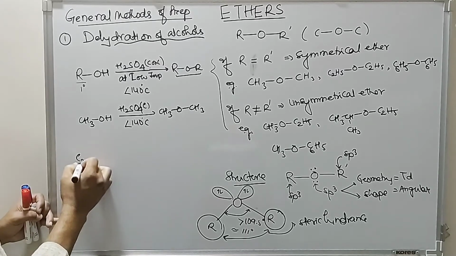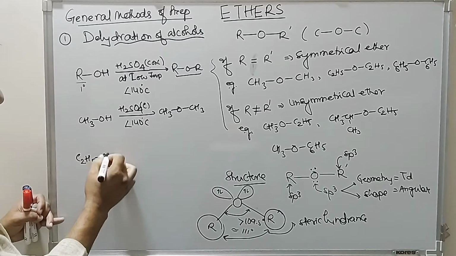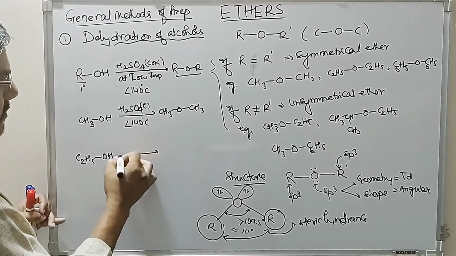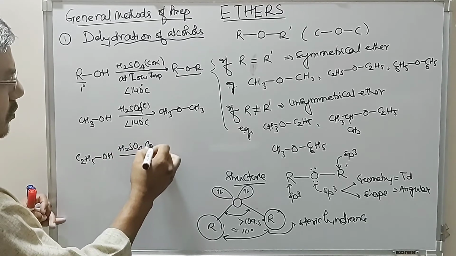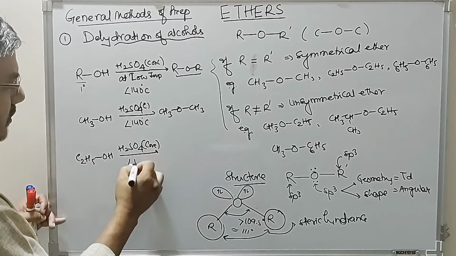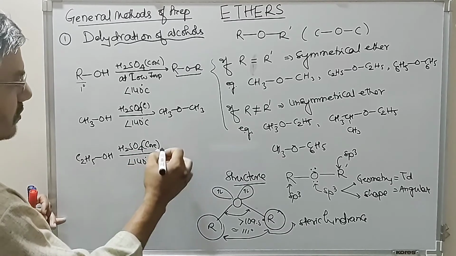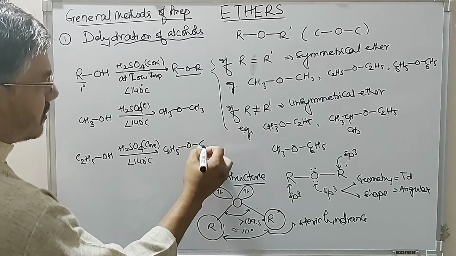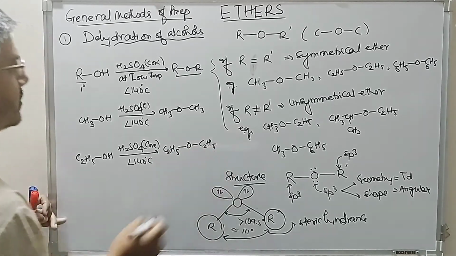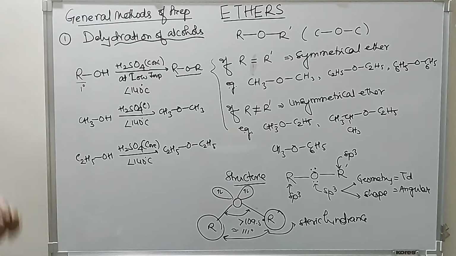C2H5OH, with the same reagent, concentrated sulfuric acid at low temperature, gives you diethyl ether. So dehydration of alcohol at low temperature gives you ether.